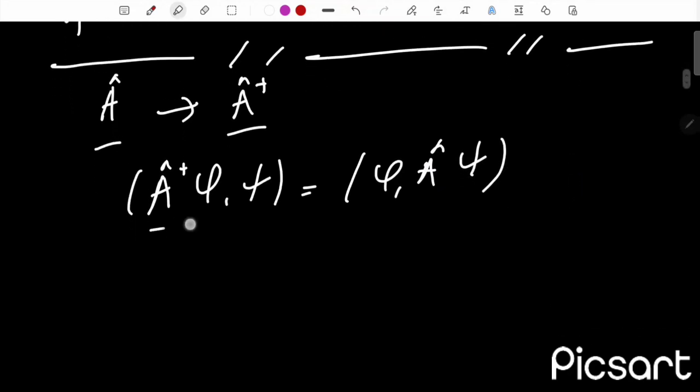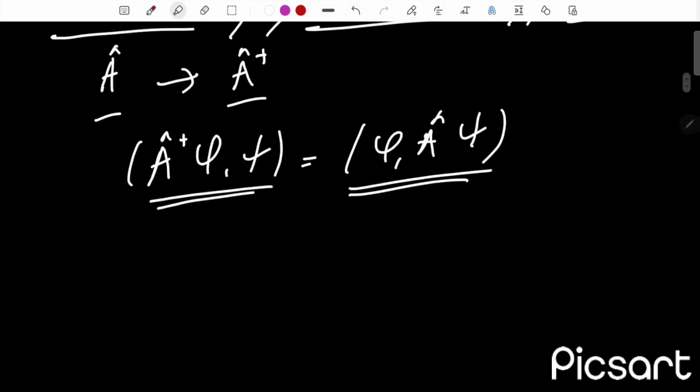Which means that these two inner products must be equal, and if these inner products are equal, then we call A dagger and A conjugate operators.